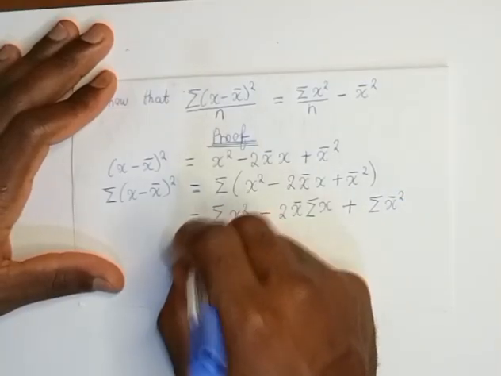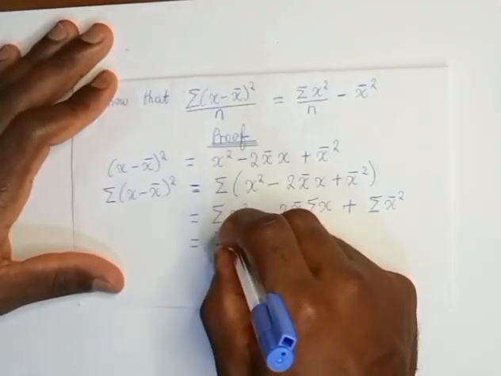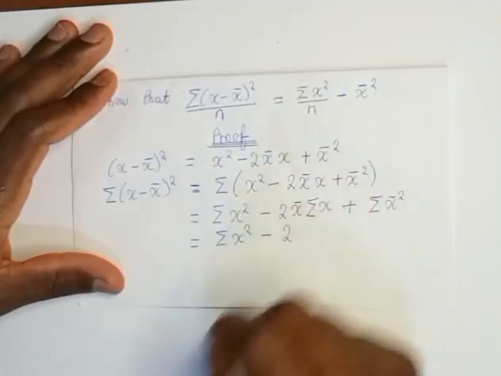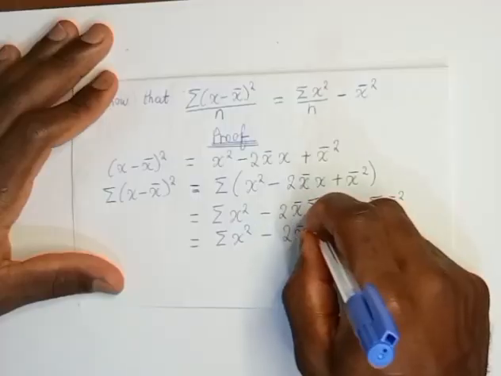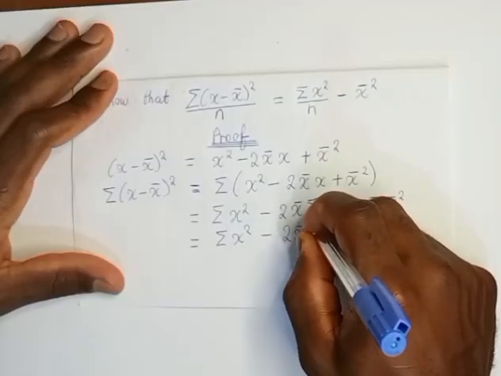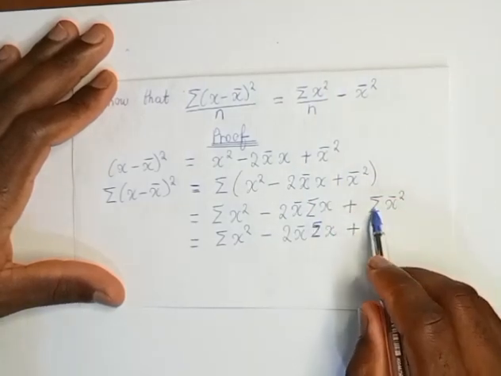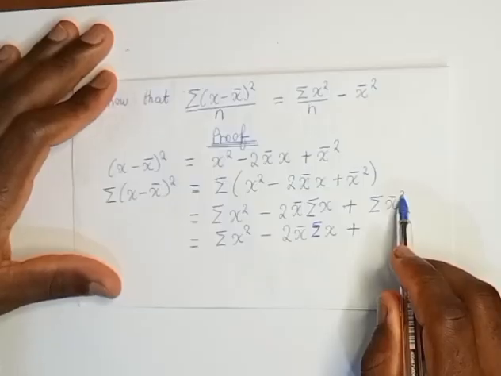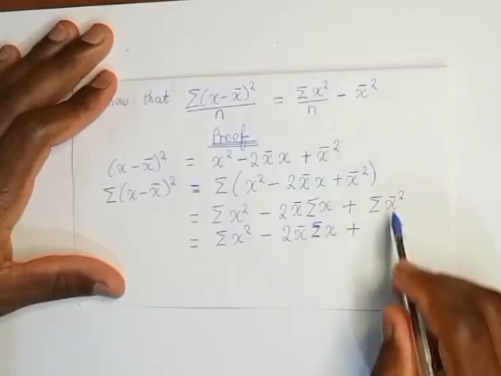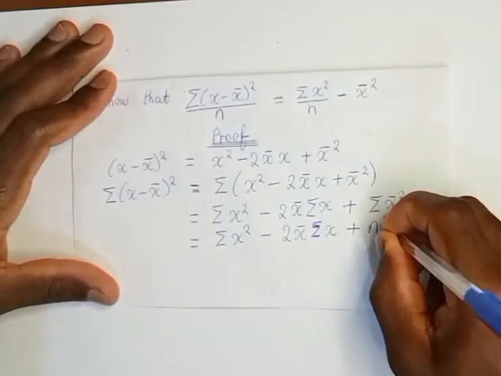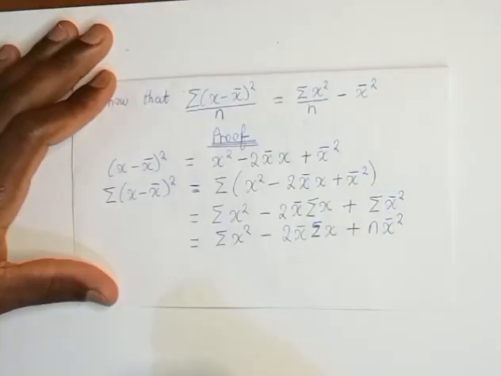This will simply be equal to summation x squared minus 2x bar summation x plus summation x bar squared. That means we are summing x bar squared n times, so this will give us n times x bar squared.